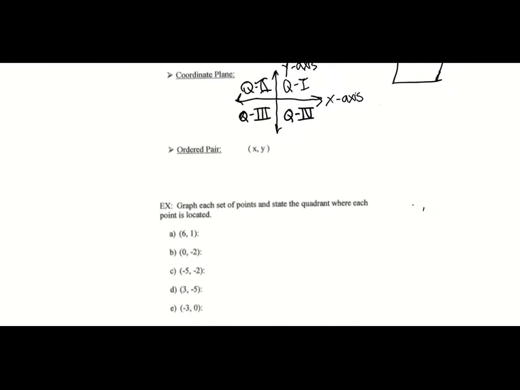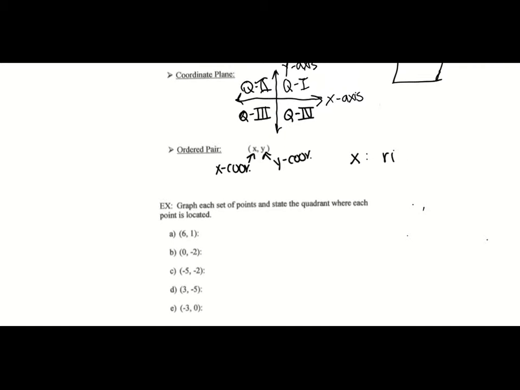Using that coordinate plane, we can come up with different ordered pairs. An ordered pair has an X point and a Y point. So this is our X coordinate and our Y coordinate. Now, in order to find our X coordinate, we are going to either go right or left.